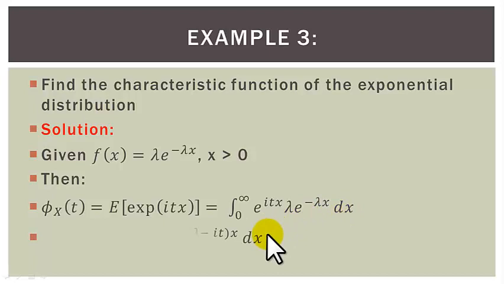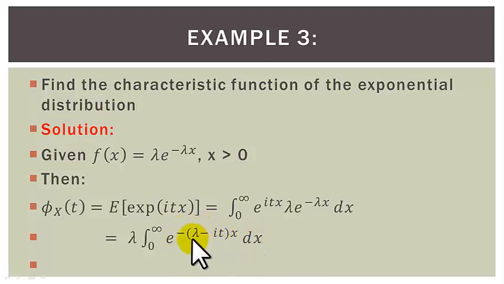This is equal to lambda, being a constant, is brought outside the integral sign to give us this, times the integral from 0 to infinity. Multiplying these two, exponent itx times exponent minus lambda x, that will give us exponent minus, in bracket lambda minus it, into x, then with respect to x.